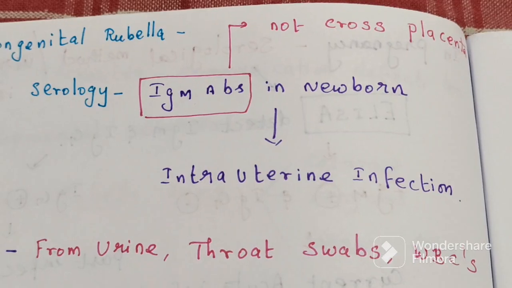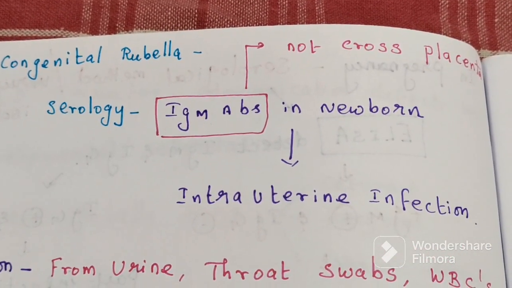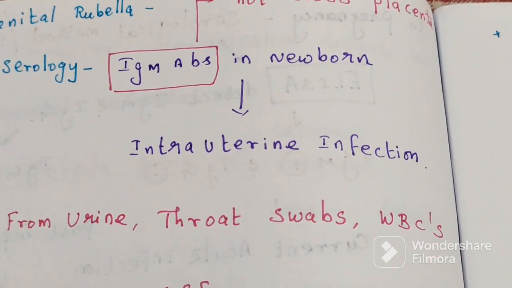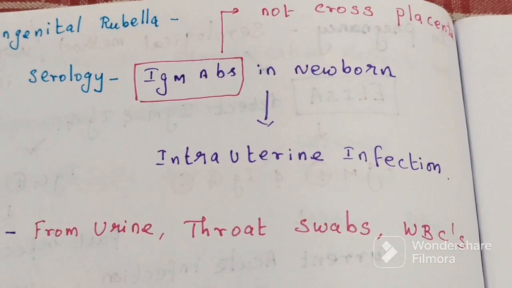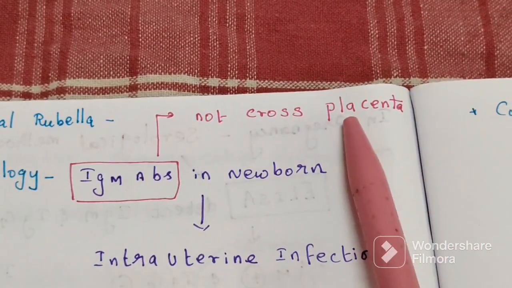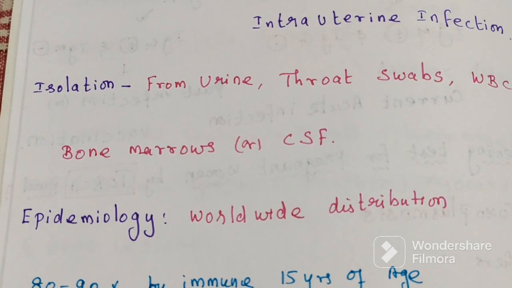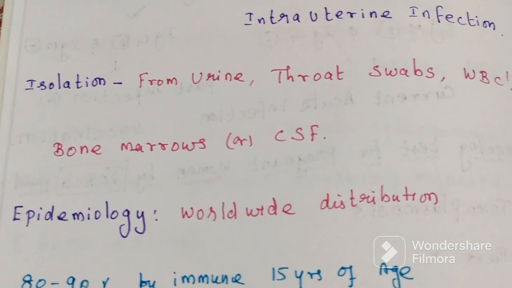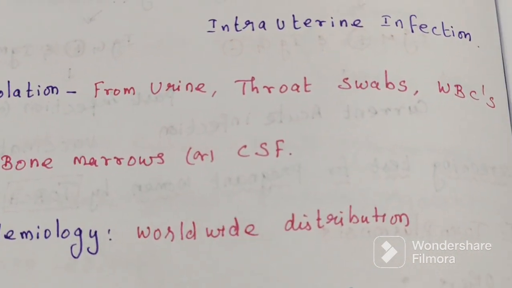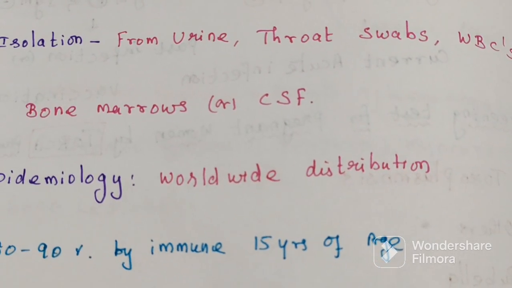IgM antibodies are tested because they do not cross the placenta, whereas IgG does. Isolation is done from urine, throat swab, WBC, bone marrow and CSF.